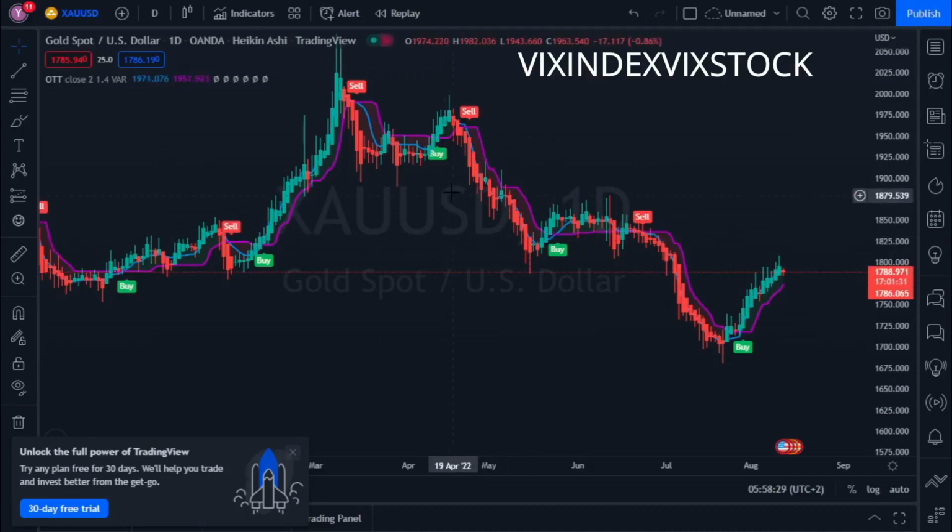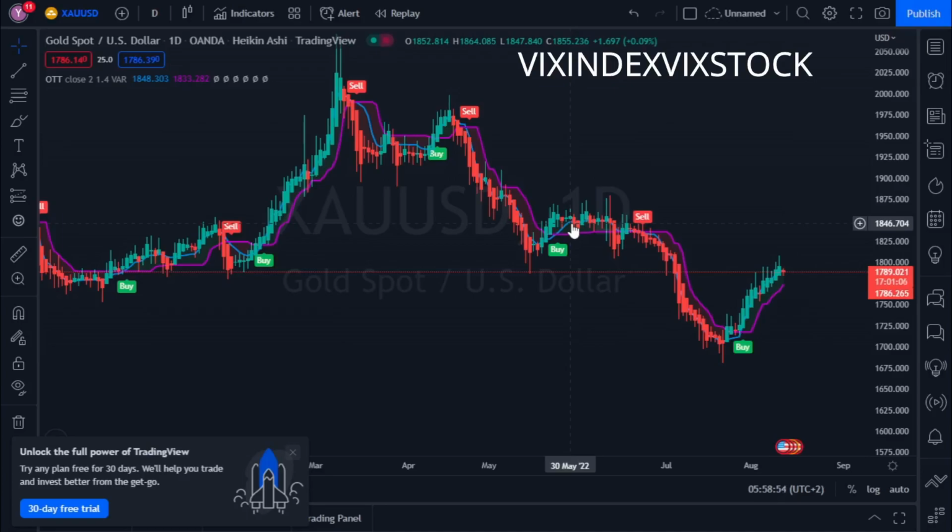But generally, what we are trying to do is once we start seeing the Heiken Ashi candles, you want to go in, and at least after a daily candle or two, you start trailing that position and you also want to take some money off the table.